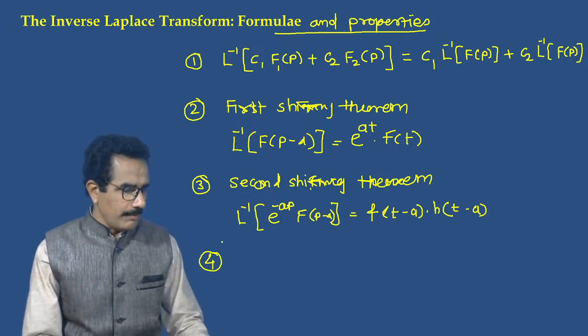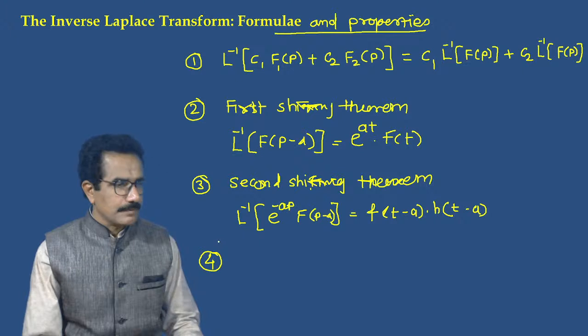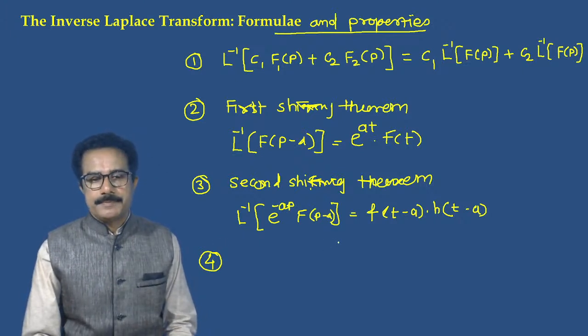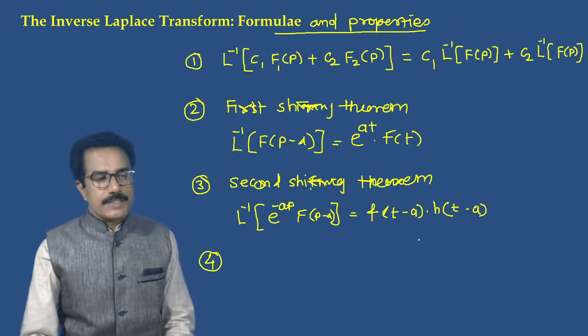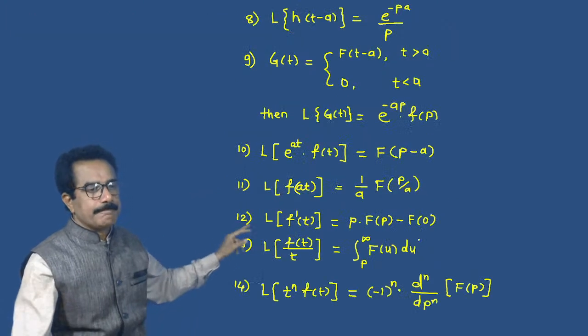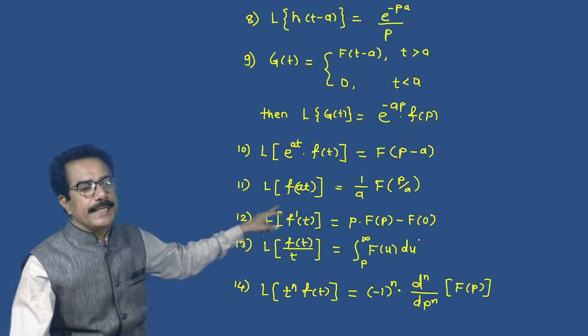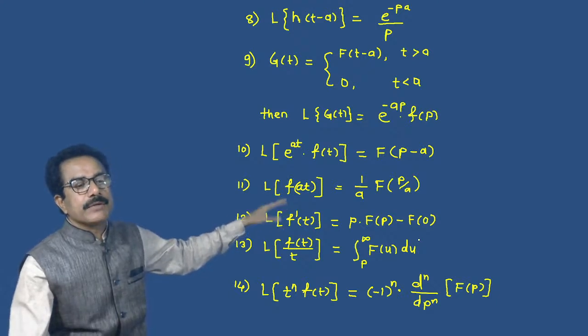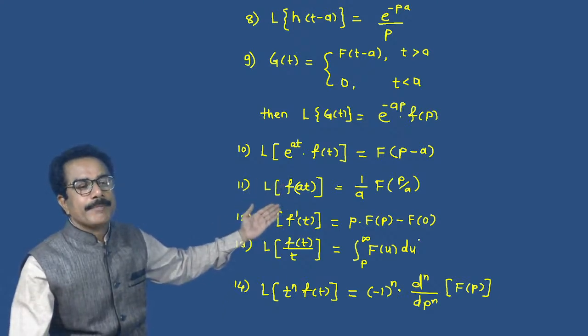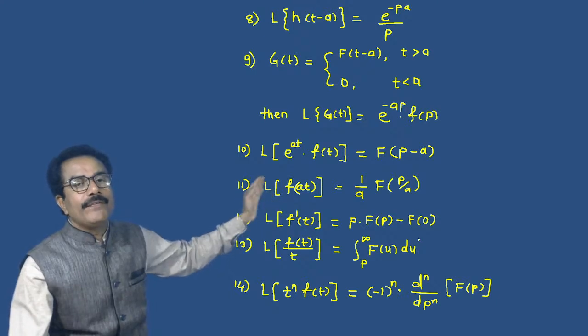Now the fourth one. Laplace transform by using this: L of f of at is equal to 1 by a into F of p by a.